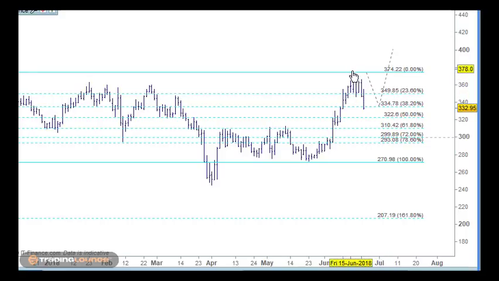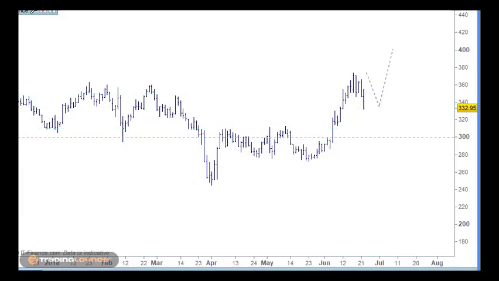So we were looking for Tesla to come back to the 38.2% retracement level at 334 area here, and we're at that level now. That 300 area here is actually a major trading level, so we'll put that in orange.